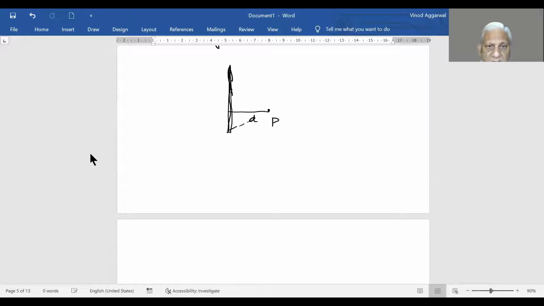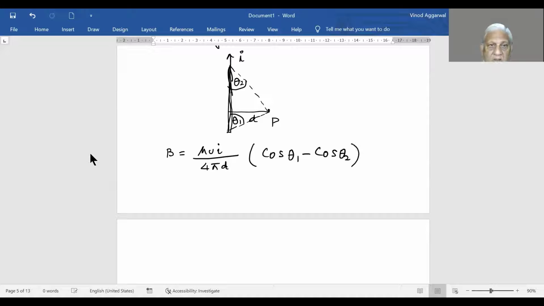And if we draw this angle, it becomes theta 1, this angle becomes theta 2, and the current flowing is I, then B is given as mu naught I over 4 pi d times (cos theta 1 minus cos theta 2). I'm not going into the derivation, which you can always work out.